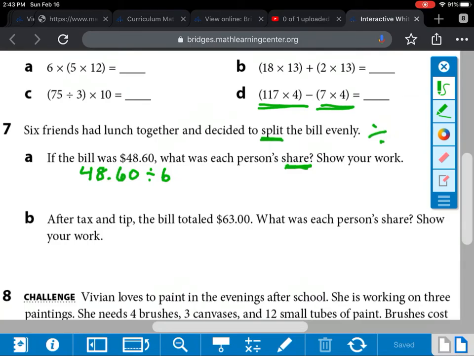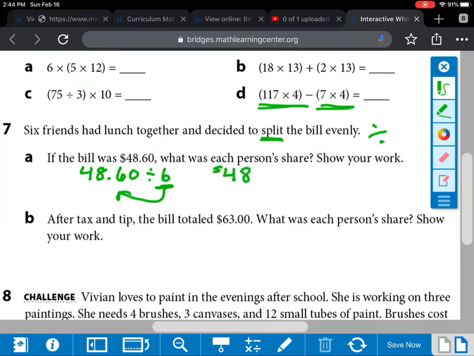There's many different ways I could do this. I'm thinking, okay, how many times would I have to add 6 together to get $48.60? But that might be a little confusing because of those cents. So what I am going to do, or what I thought to do, is split our money up by dollars and cents.